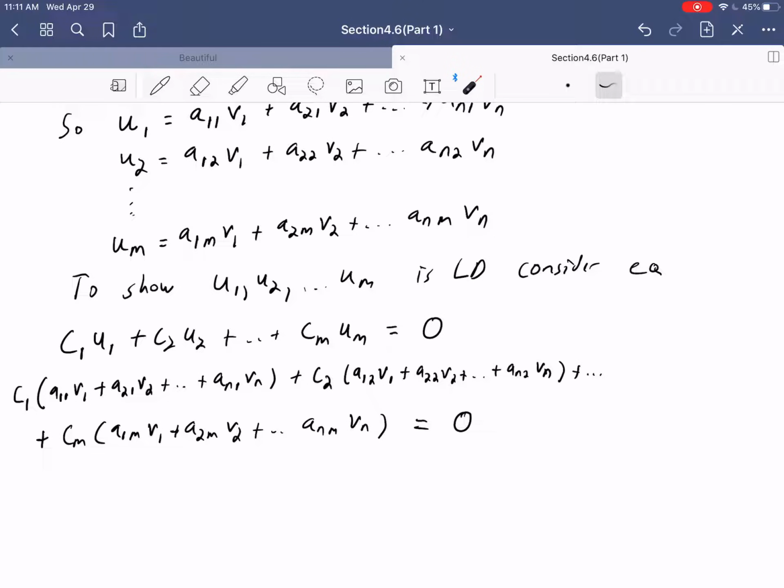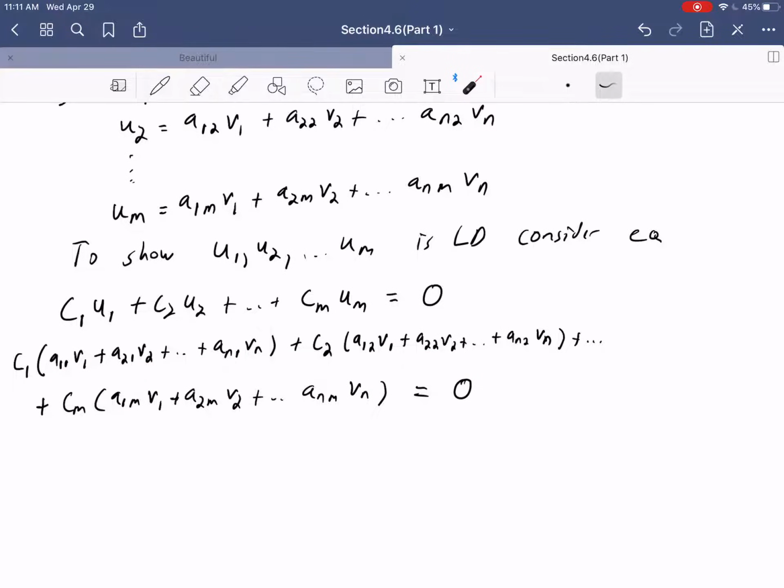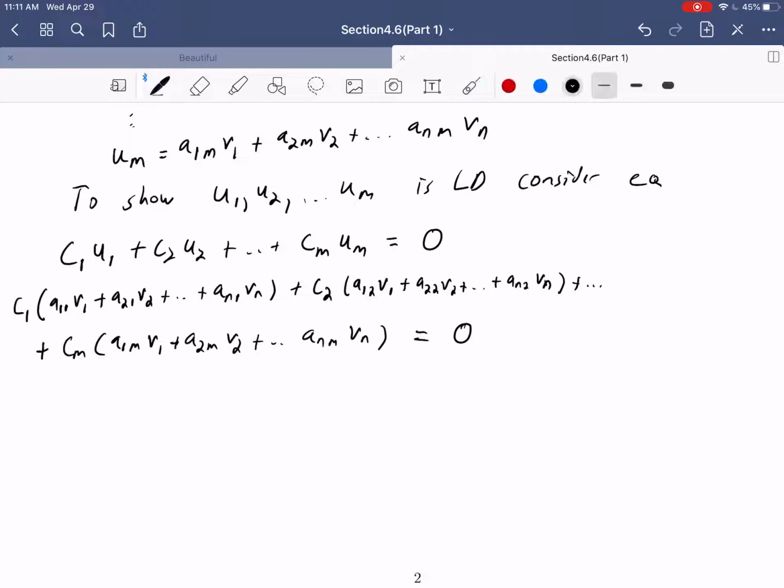Okay, so all we're doing there is replacing u1, u2 through um with their representations in v. Now, let's gather everything in terms of v1, then everything in terms of v2, and then everything in terms of vn. That would give us (c1 a11 plus c2 a12 plus dot dot dot cm a1m) all times v1.